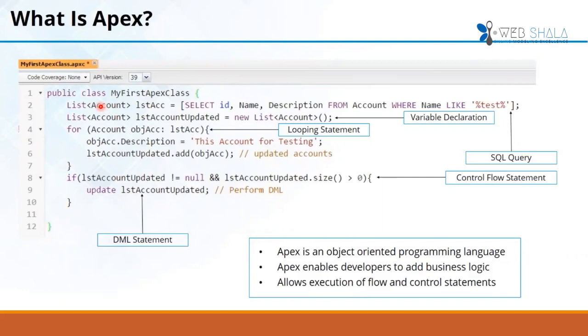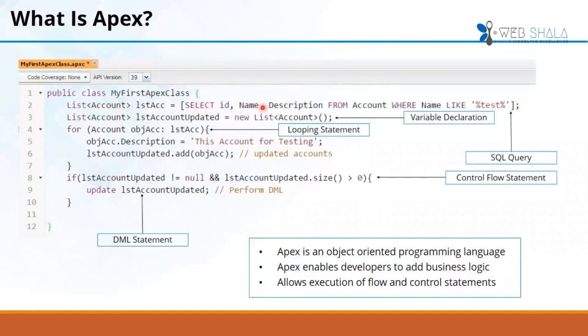In that list you have curd, milk, everything listed, and that list is of type grocery item. Similarly, this is a list of type Account, the Account object, which is a standard object in Salesforce. In the same way, I am creating a list of Account.